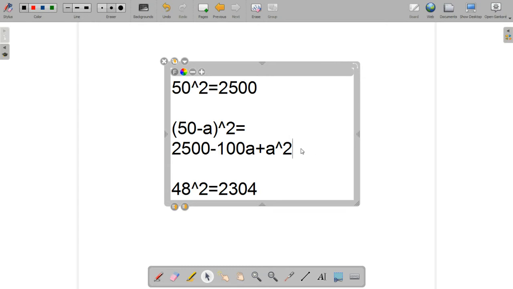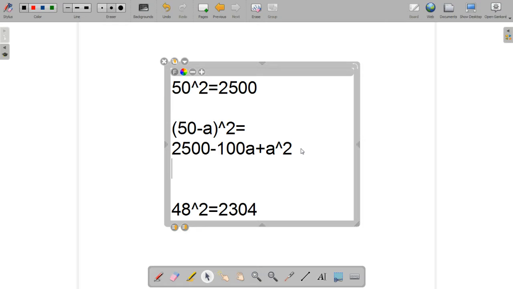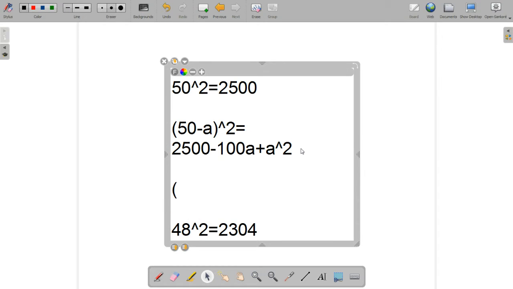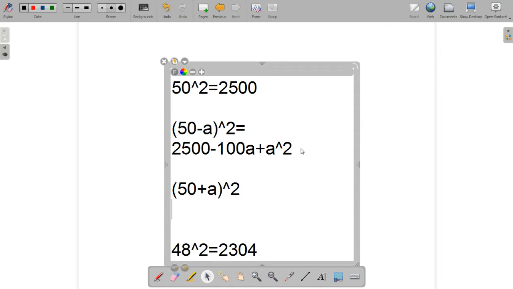And it's basically the same thing when you're adding a number to 50. For example, 50 plus a squared. It's basically the same thing as the top formula that you're seeing, but instead of subtracting 100a, you're adding 100a. That's the only difference. Okay?